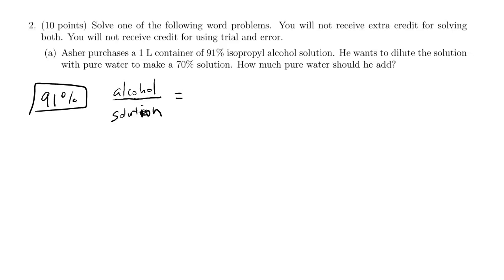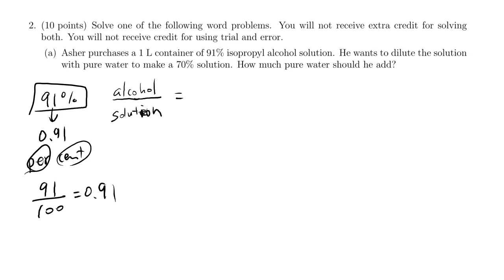Now, normally when you see percent, you really want to change this into 0.91. That's because per means divide, cent means 100, so you have 91 divided by 100, that's 0.91. So that's what this 91% means.